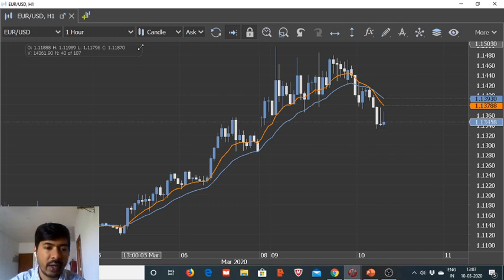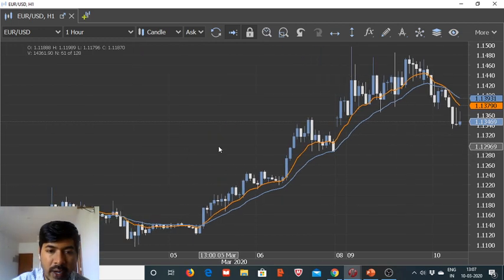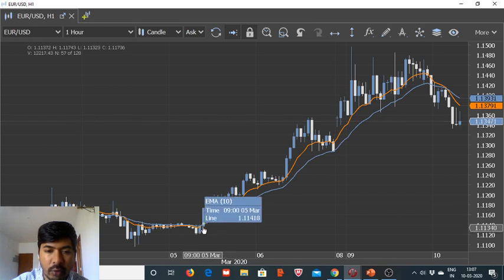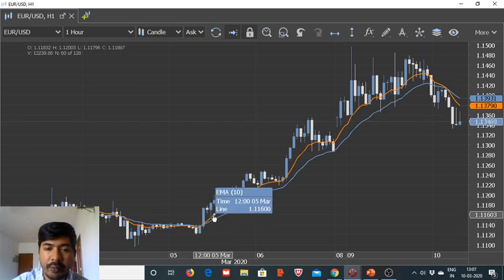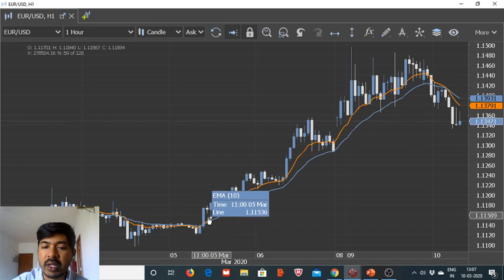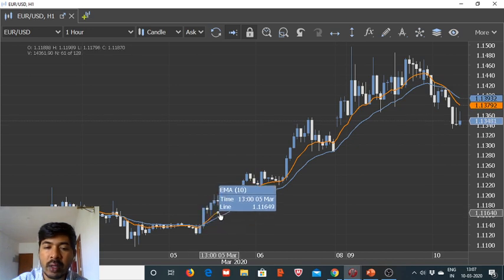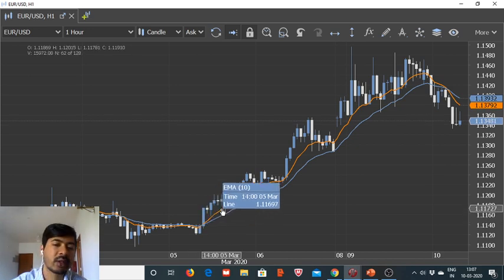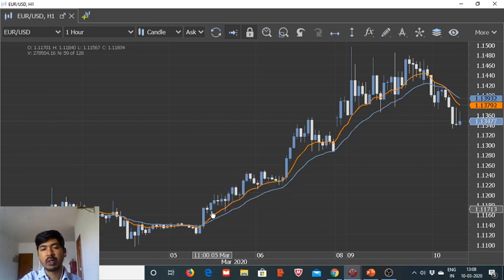So what I feel is that we should only look for a buy trade when the EMA crossover is in the bullish phase, when the EMA 10 is above EMA 20, but just during the first 9 or 10 hours of the trade setup. Whatever the algorithm does, it will try to go short during these early hours.